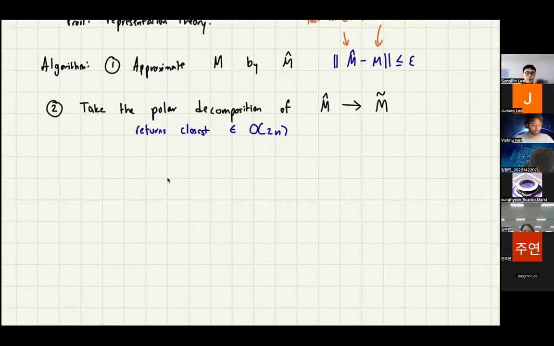So let's draw a picture. You have M hat, which is epsilon far away from M, which is in the orthogonal group.